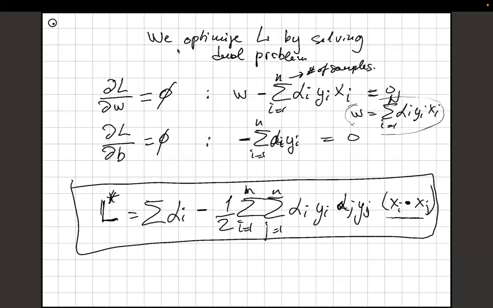N squared complexity. Yes. With respect to number of samples, it is over here, this dot product. To enable optimization, to solve this problem, you need to compute pairwise similarities between samples. And obviously, the larger data set you have, the larger is this matrix of dot products.